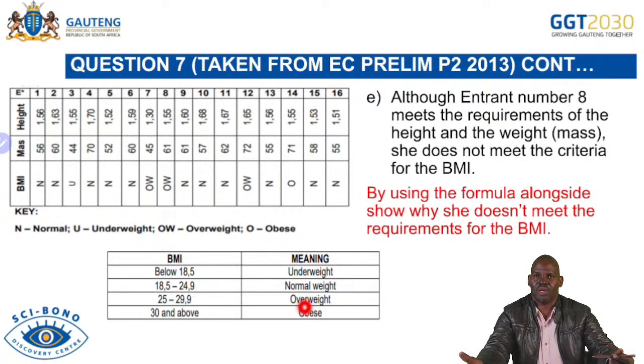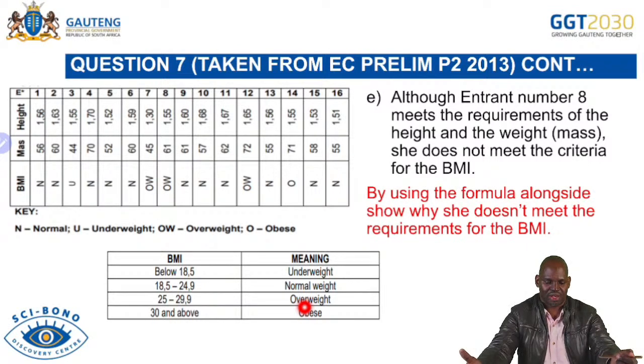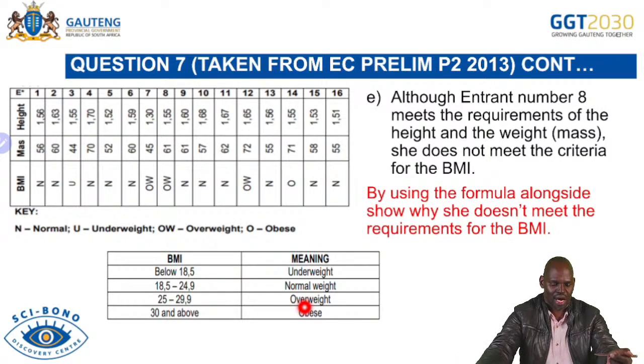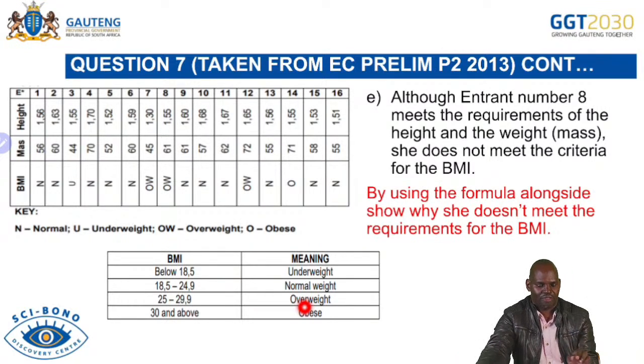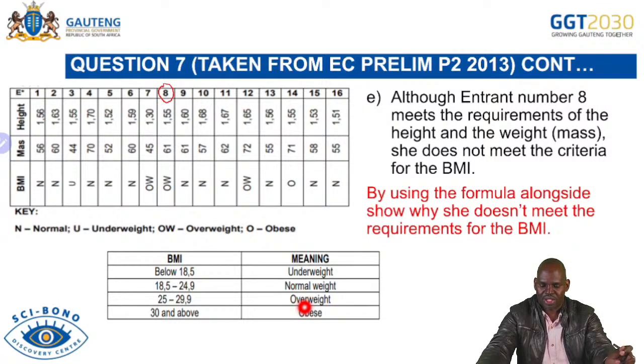Then for still in the very same question, boys and girls, unfortunately, this is a very, very long question, but it's based on the same information, and you can see that the questions are different. Entrant number 8 meets the requirements of the height and the weight.